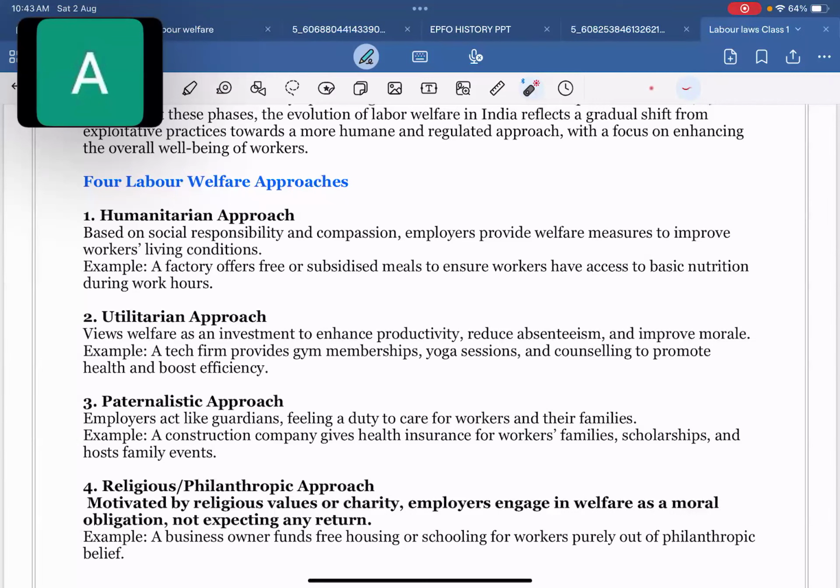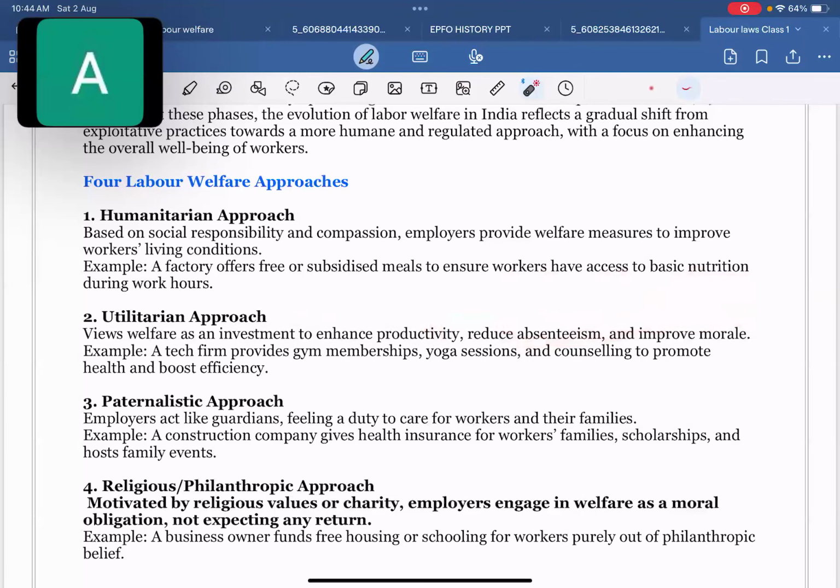Now moving to the utilitarian approach, which views welfare as an investment to enhance productivity, reduce absenteeism, and improve morale. What is the example of that? A tech firm provides gym membership, yoga sessions, and counseling to promote health and boost efficiency. These kinds of things have been seen in Japan and also in South Korea.